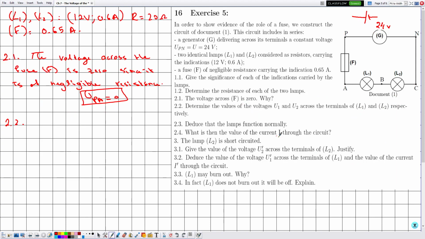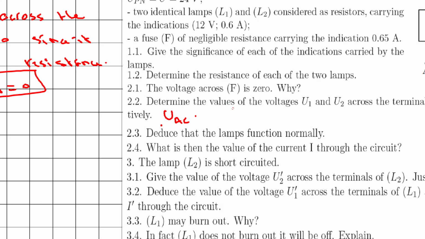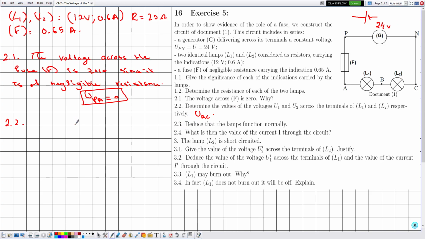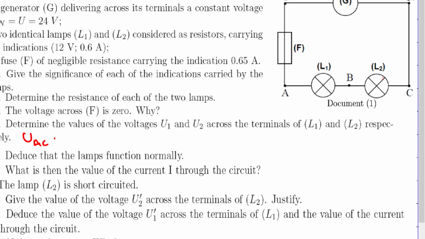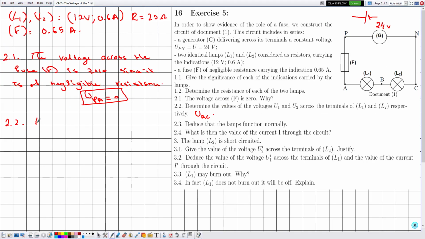So as a first step, let's determine the voltage UAC across the terminals of the lamps. I have specified that we are interested in determining UAC because UAC must appear explicitly in the equation. After we determine UAC, we will divide it by 2 to determine UAB and UBC. So let's apply the law of addition of voltages.